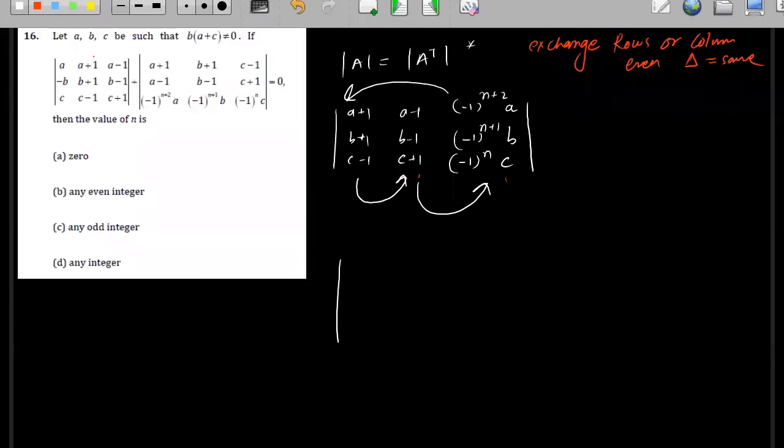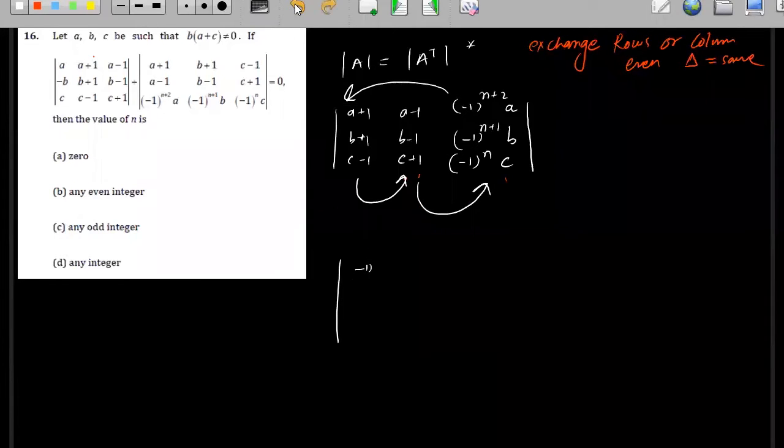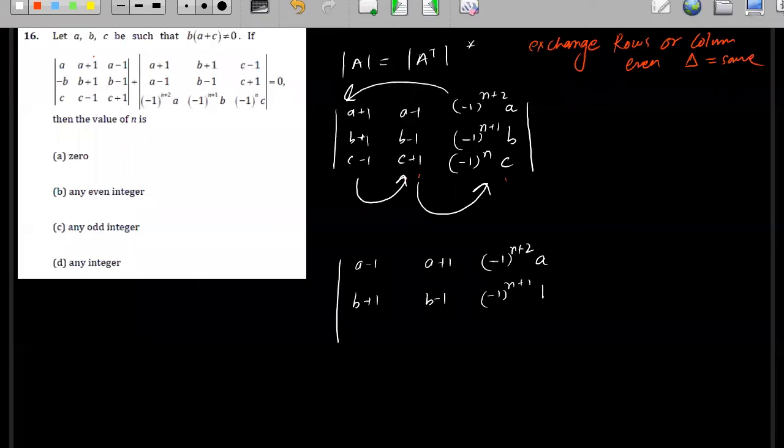So now this will become minus 1 to the power minus 1. First this will become a minus 1, a plus 1, minus 1 to the power n plus 2 into a. Second one will become b plus 1, b minus 1, minus 1 to the power n plus 1 into b. Sorry, this is b plus and this is b minus. And this is c plus 1, c minus 1, minus 1 to the power n c. Now this will become minus, so I will put minus.